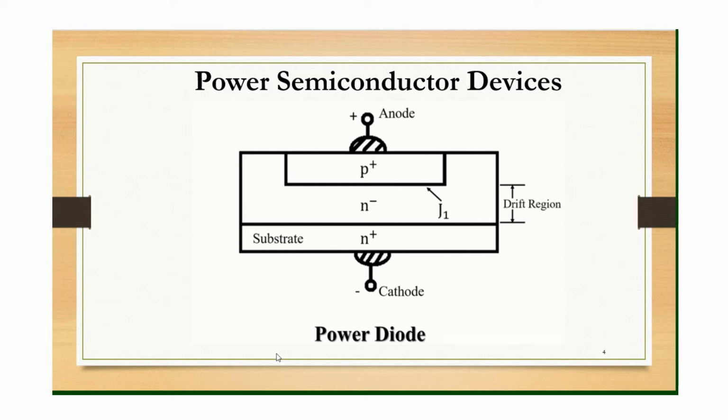So the net charge neutrality of the space charge region is still maintained as similar to that of the signal diode or the normal diode. Okay, but the thickness of the space charge region is quite high and it deeply penetrates into the N minus region. Okay, so that's about a brief construction of this power semiconductor diode, that is power diode.